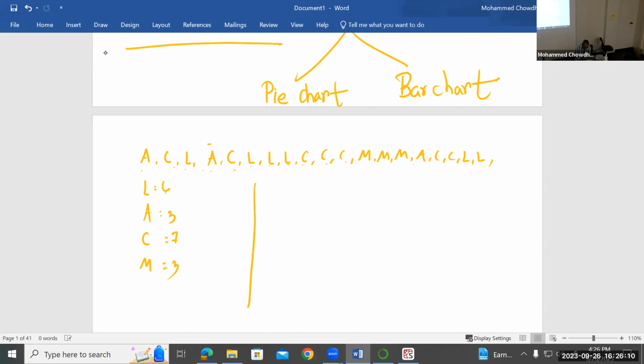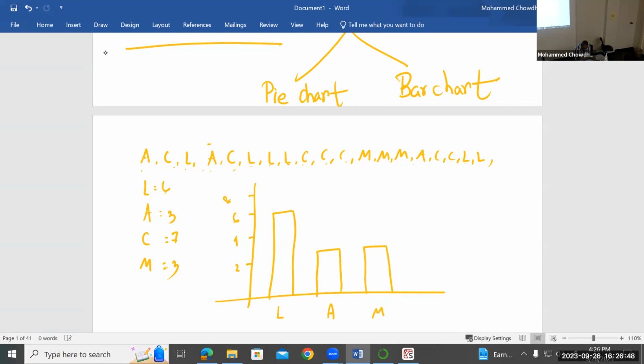Now, if you want to do the bar chart, you can put here 2, 4, 6, 8. So you can put a bar for Latino. The Latino one is 6, so you can put it up until here. This is for the Latino. Then African American 3, you can put it like this. This is African American. Then Mongoloid 3, like this.